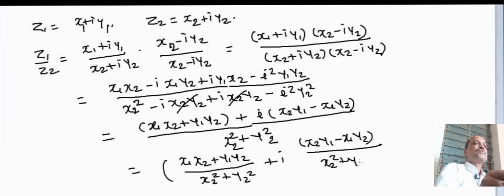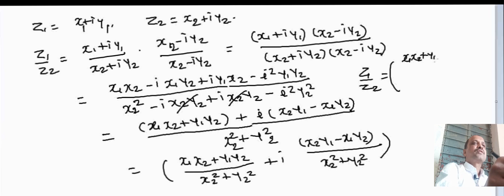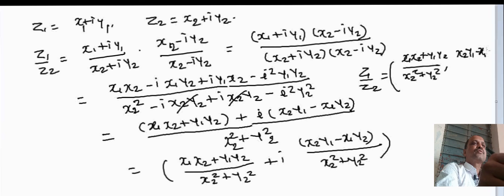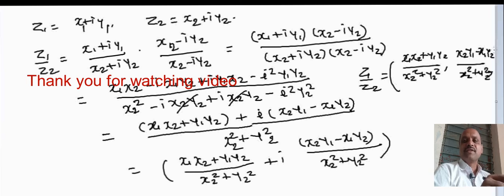So, in terms of ordered pair, z1 divided by z2 has real part (x1 x2 plus y1 y2) divided by (x2 square plus y2 square), and imaginary part (x2 y1 minus x1 y2) divided by (x2 square plus y2 square). So, this is z1 divided by z2.